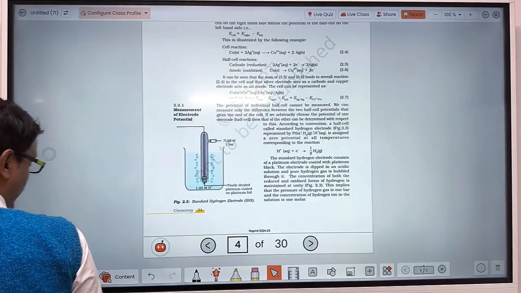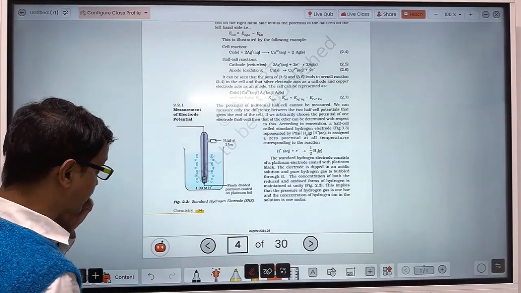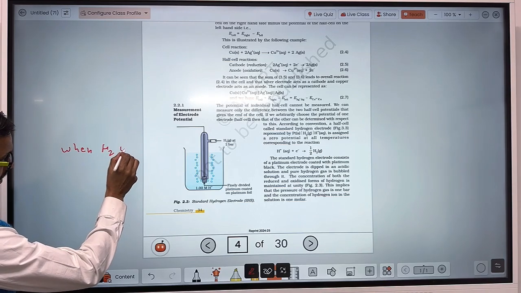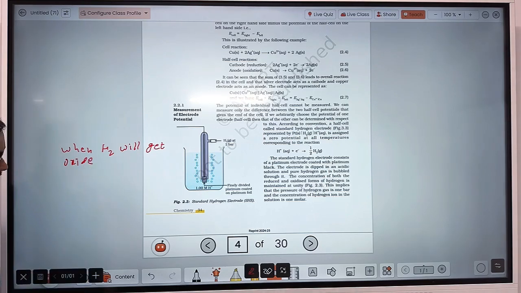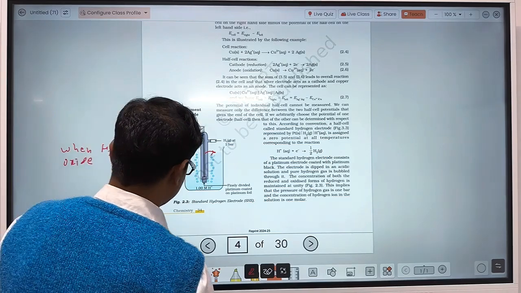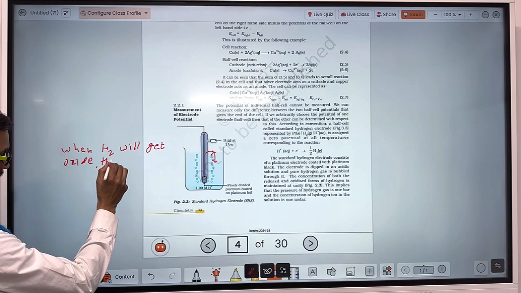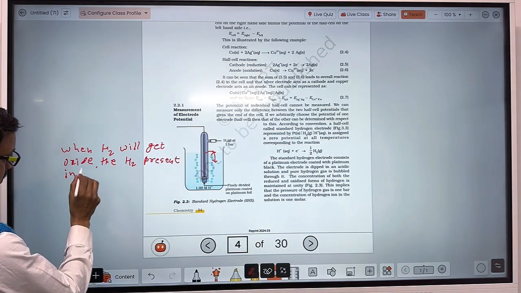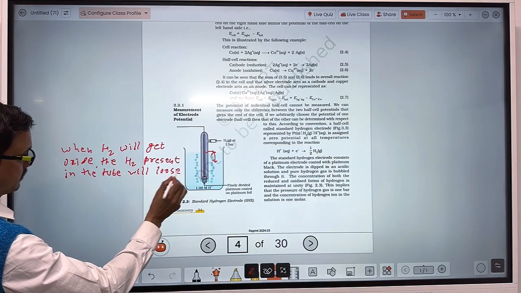So what will you do? First of all, you will have to draw this diagram. Draw the diagram first, that is the construction. Then write here, when hydrogen gets oxidized, then what happens?